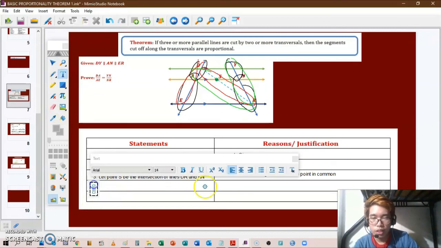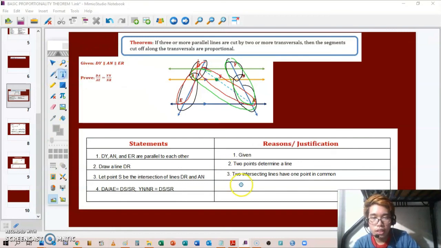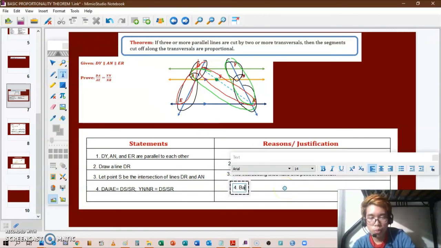So for number 4, DA over AE is equal to DS over SR, and we can also say that YN over NR is equal to DS over SR. That is number 4, the basic proportionality theorem.